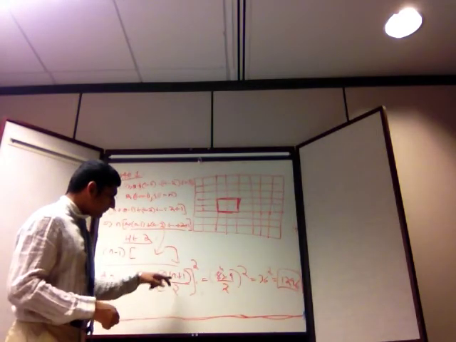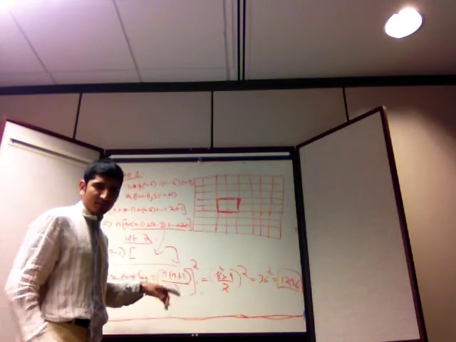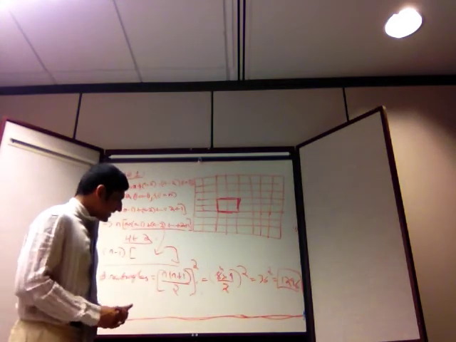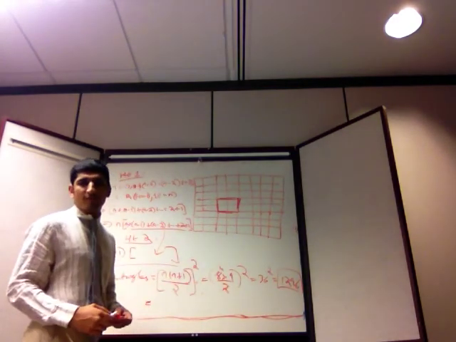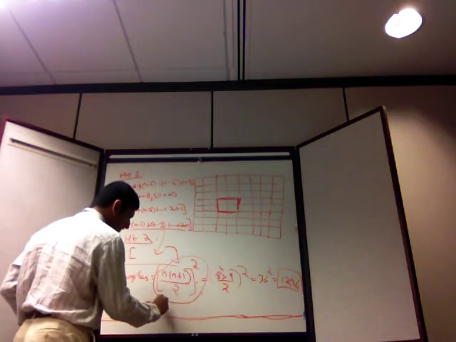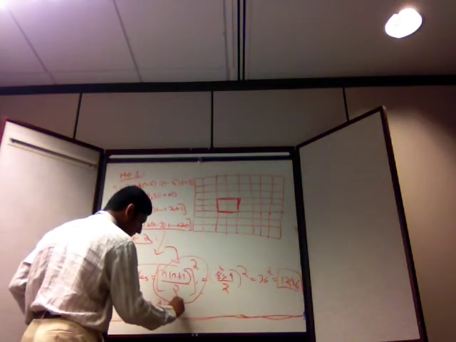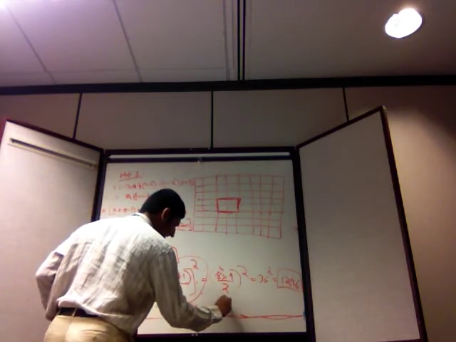Notice that this sum, the sum of the first n natural numbers whole squared, is nothing but the sum of the cubes of the first n natural numbers. So this is equal to 1 cube plus 2 cube plus 3 cube plus n cube.